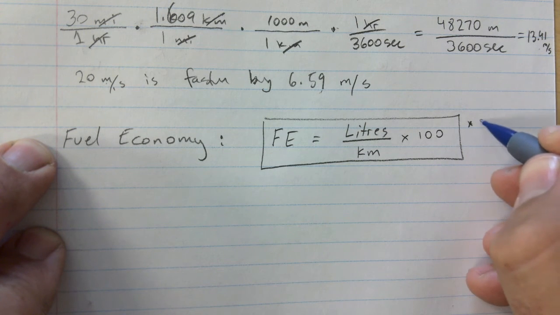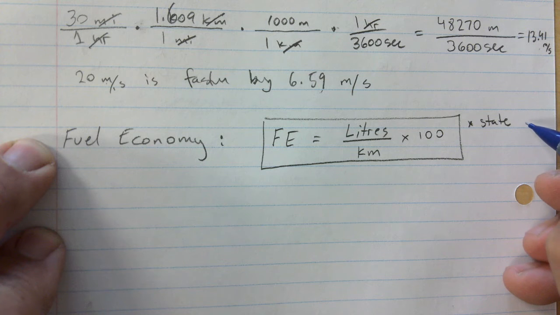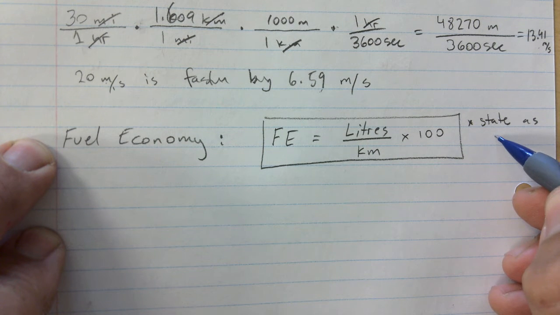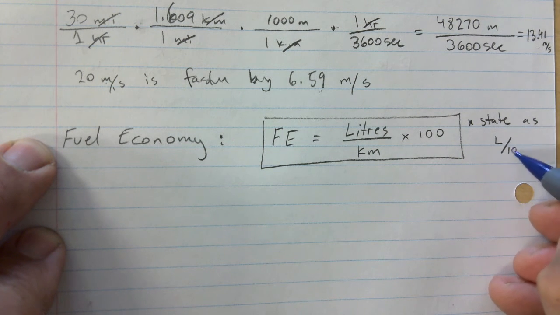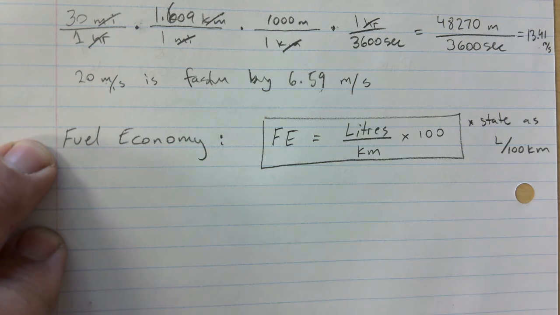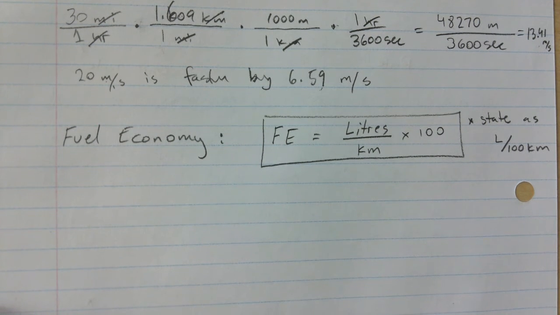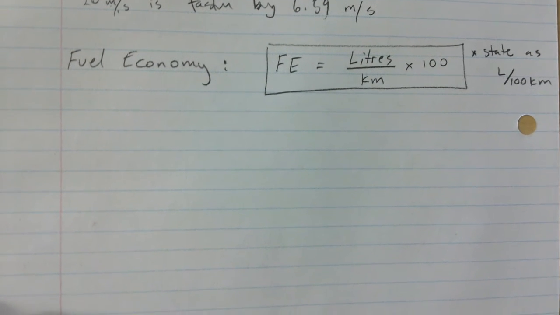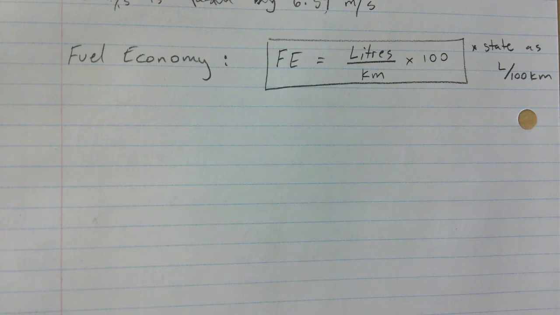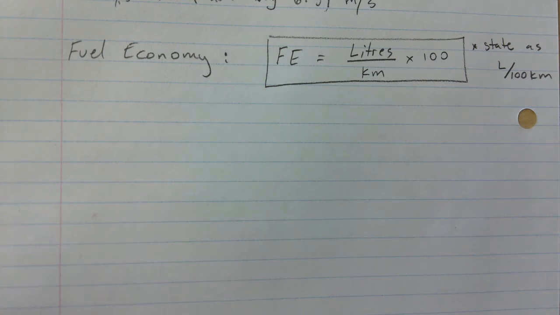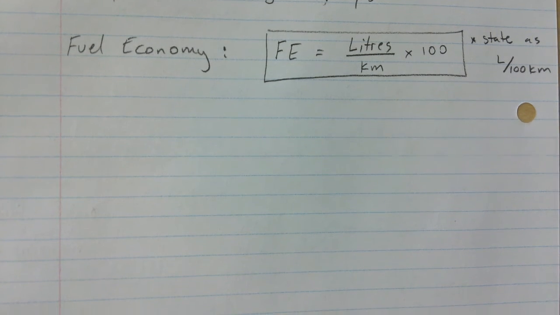And you state as liters per 100 kilometers. That's how you state your final answer. I would have that formula on my, it's boxed in, right? Don't use up too much space though. Make it nice and small, right? Like you're not going to be bombarded with fuel economy questions, but if you do, then it's there, okay?